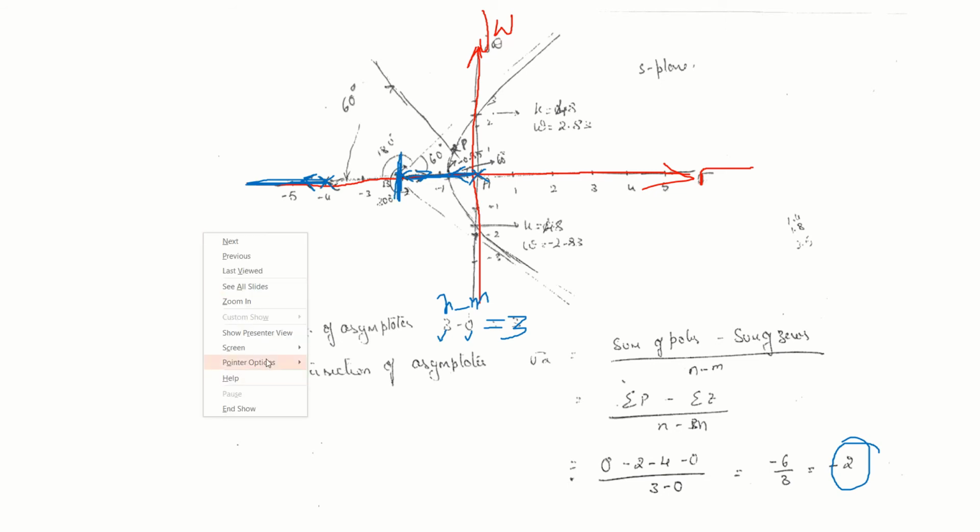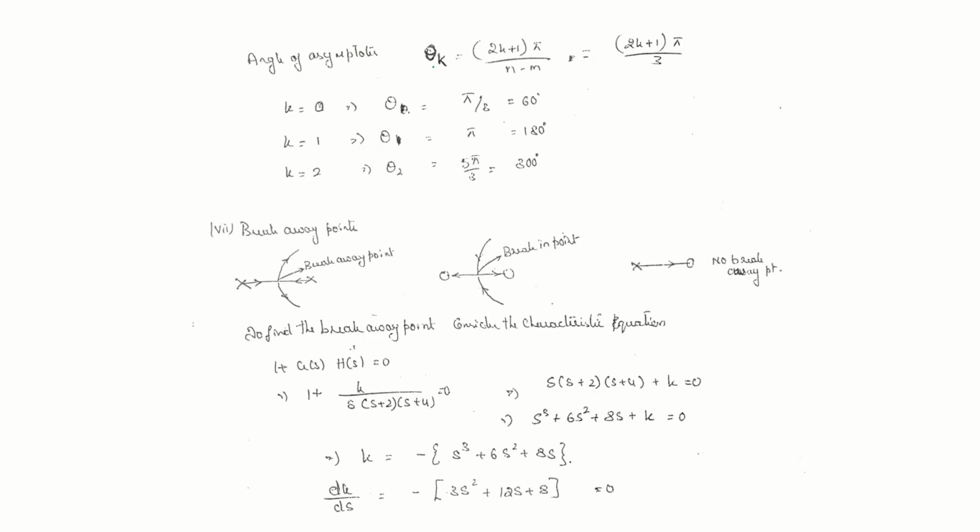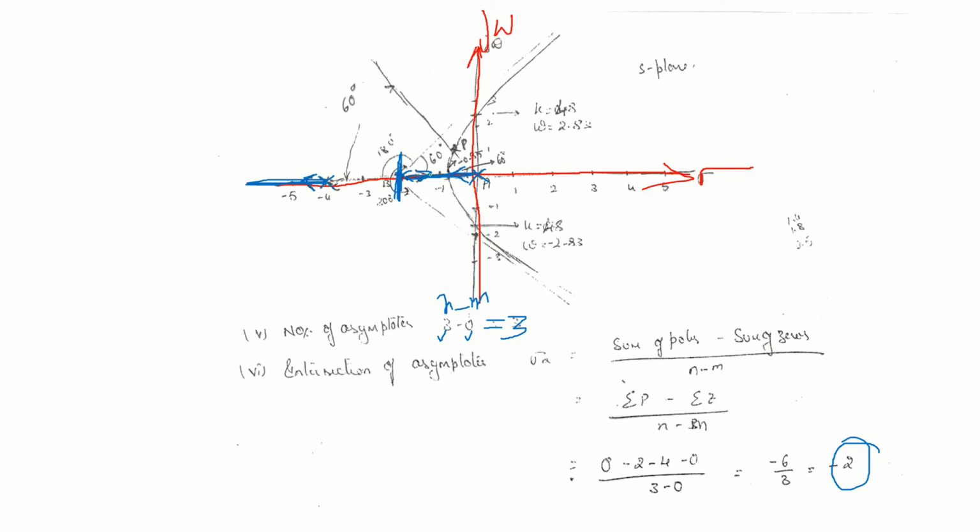Okay. Let us now find angle of asymptotes. Is given by theta k equals (2k plus 1) pi divided by n minus m. If k is equal to 0, pi by 3, it is 60 degree. K equal to 1, 3 pi by 3, that is pi, 180 degree. K equal to 2, 5 pi by 3, that is 300 degree. So let us draw one asymptote at 60 degree.